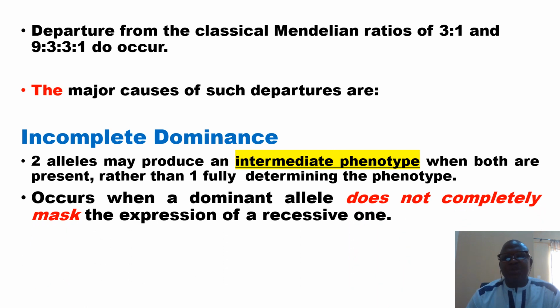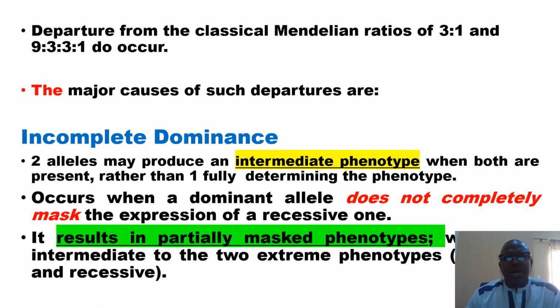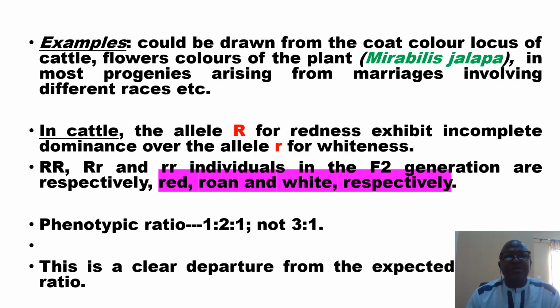This mostly occurs when a dominant allele does not completely prevent the expression of a recessive one. As a result, it results in partially marked phenotypes, which are usually intermediate to the two extreme phenotypes, that is the dominant homozygote and the recessive homozygote.